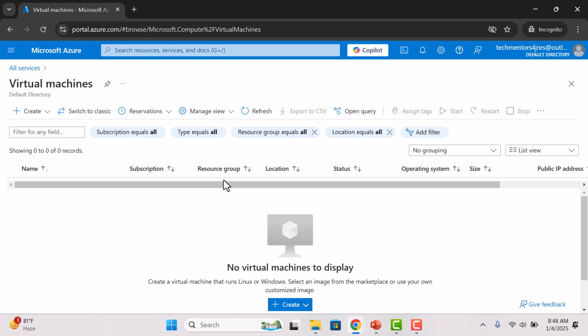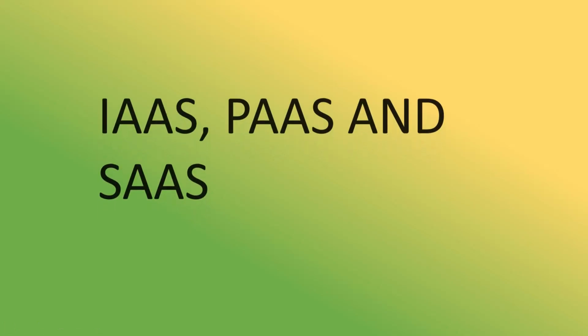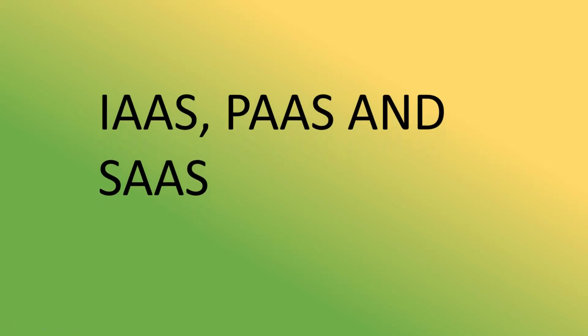Now, the next thing I would like to talk about is types of services offered by Azure. These are different types of services offered by Azure. We have IaaS, we have PaaS, and we have SaaS. Let's go into details of what this is all about.